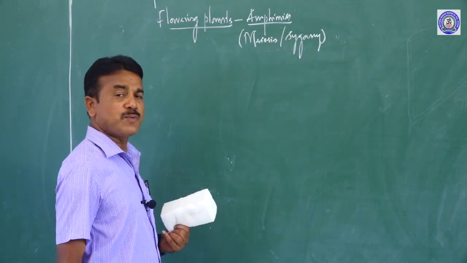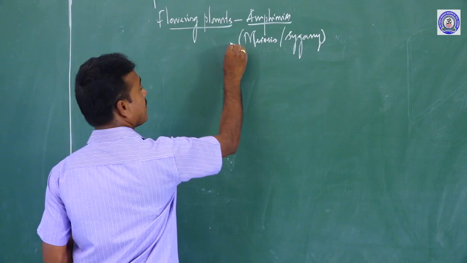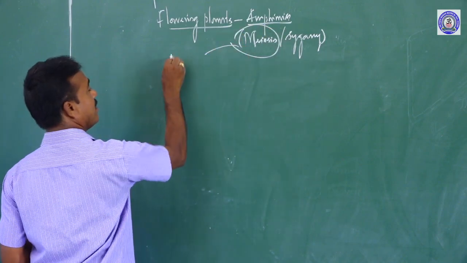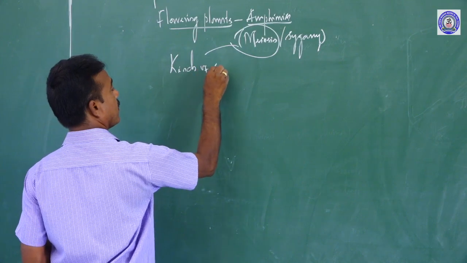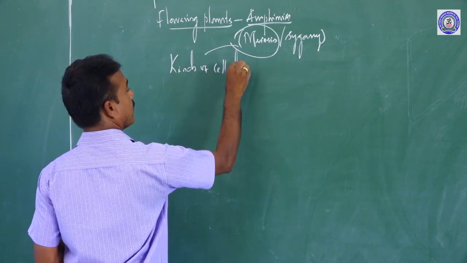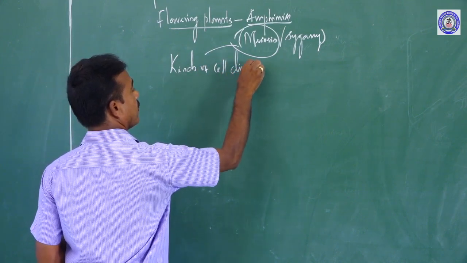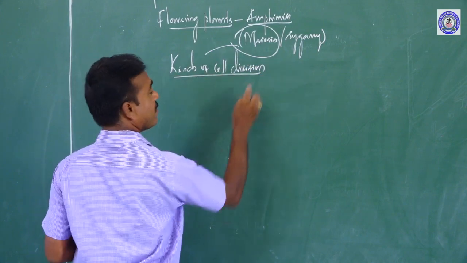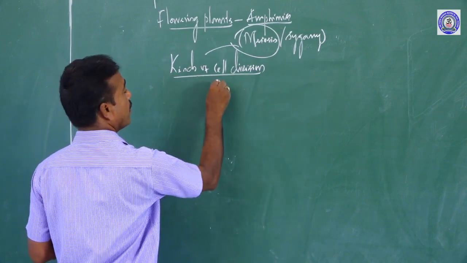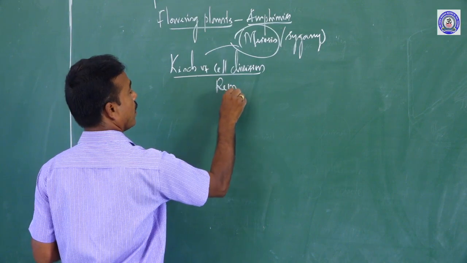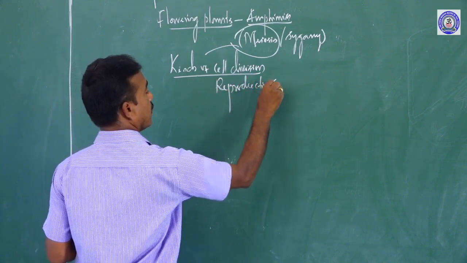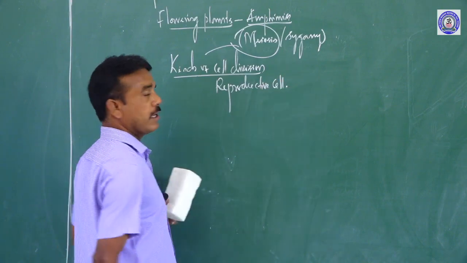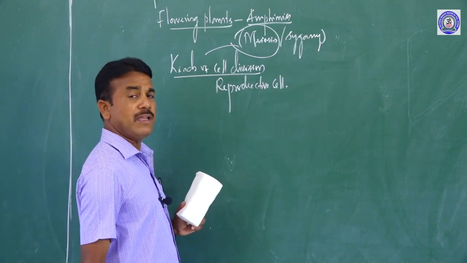What is commonly called meiosis? Meiosis is nothing but a kind of cell division that generally occurs in reproductive cells. What is commonly called syngamy?